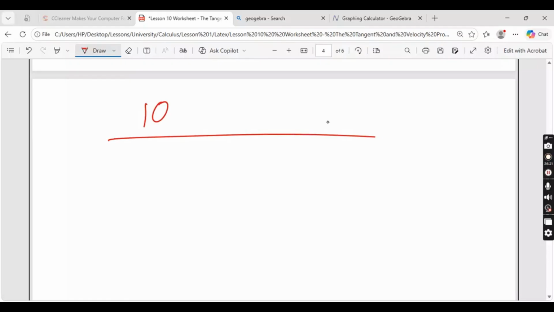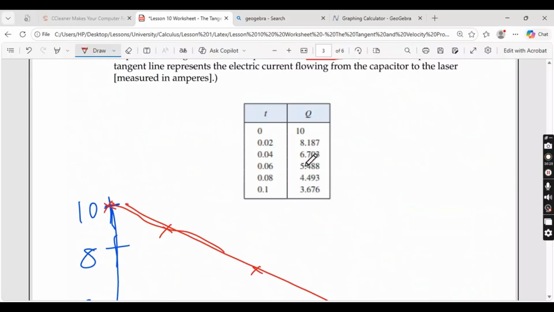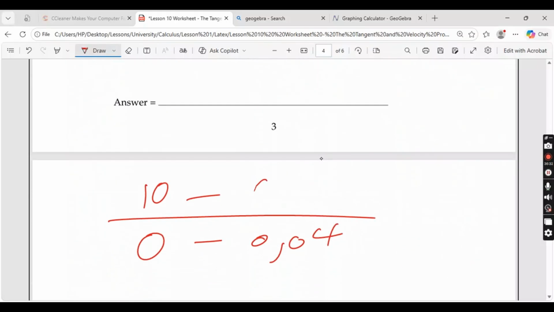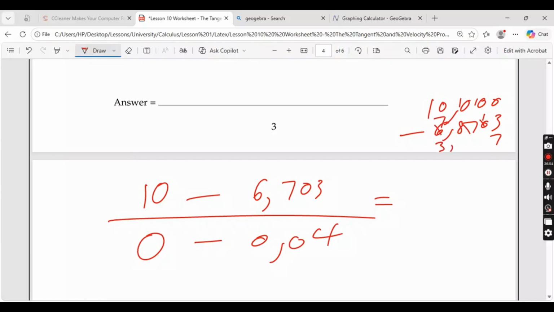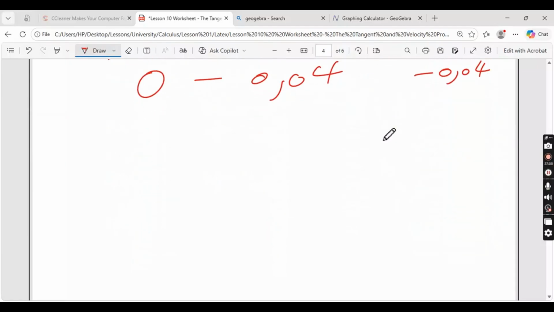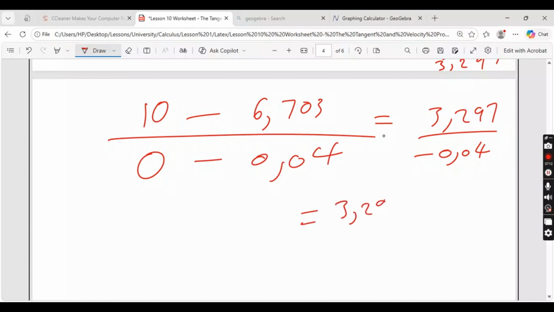So we say 10 and 0 and 0.04. 6.70 is equal to 3.297 over negative 0.04. 297.